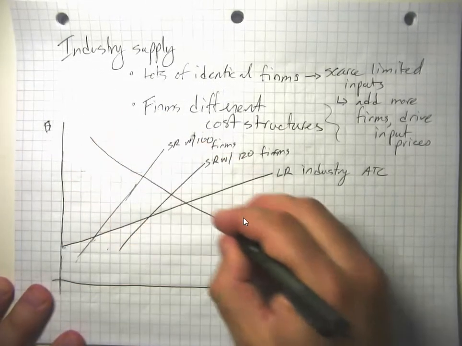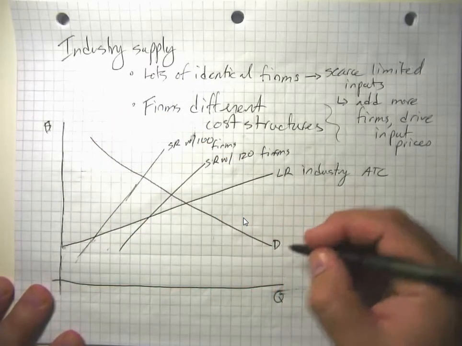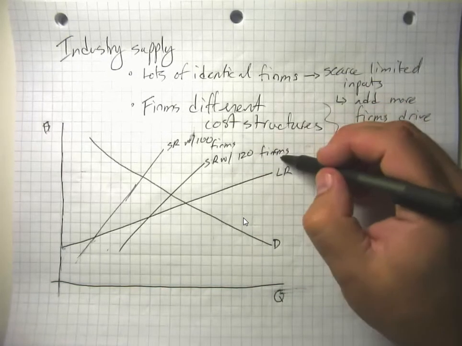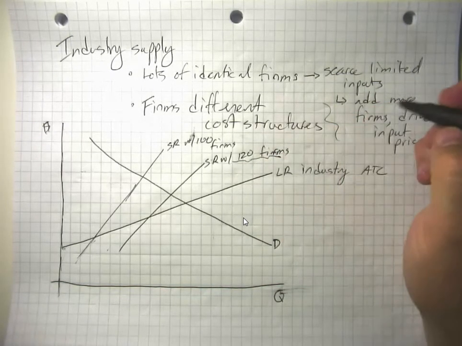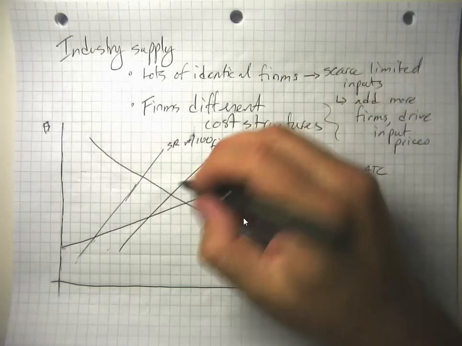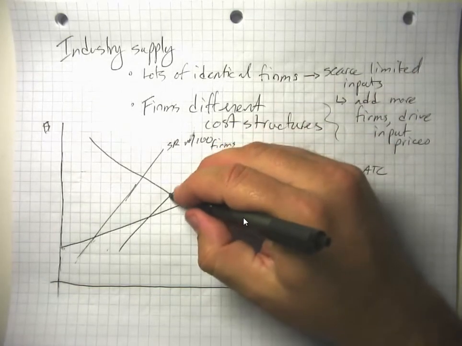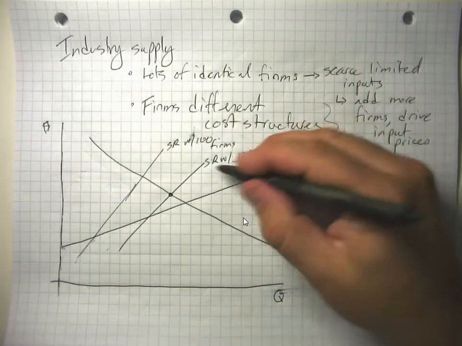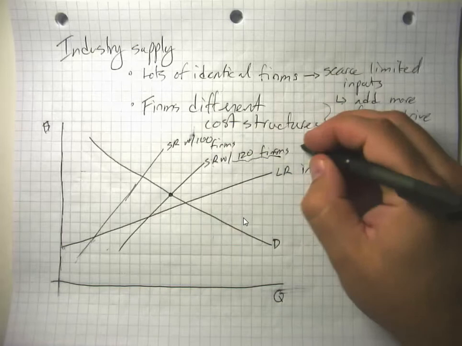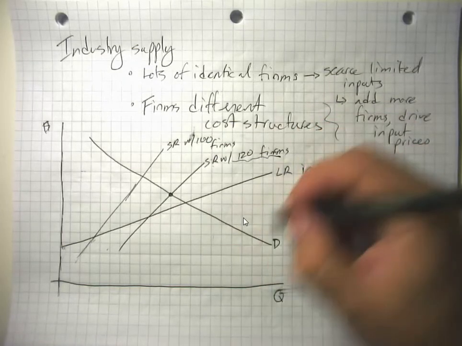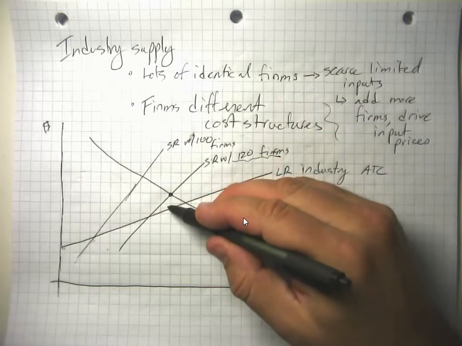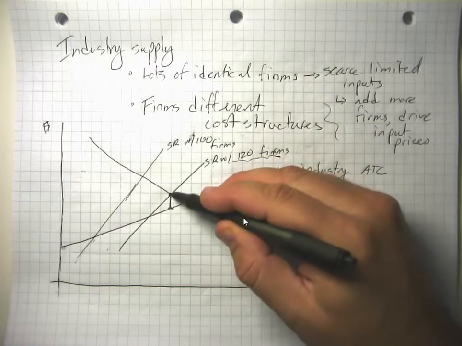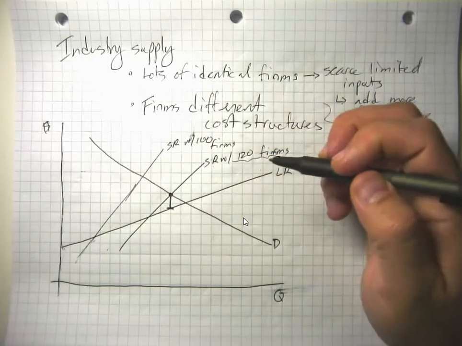And so when we combine all this information with a demand curve, we basically are coming to an explanation of why the supply curve is more elastic in the long run. So in this case, this market would have a short-run equilibrium at the intersection of the short-run supply curve and the demand curve, but at that price, firms are earning economic profits because prices are above average total costs.